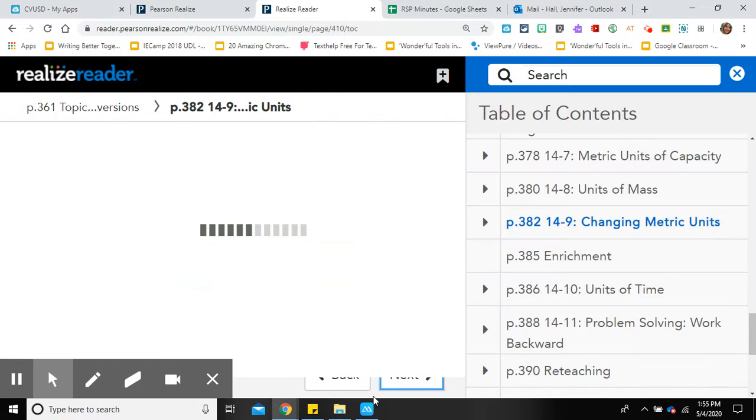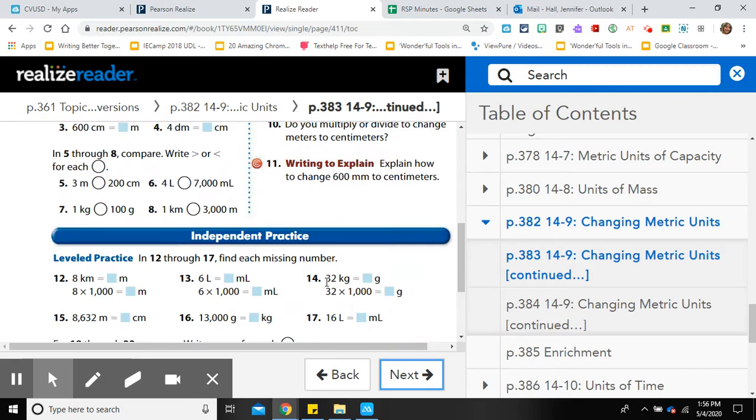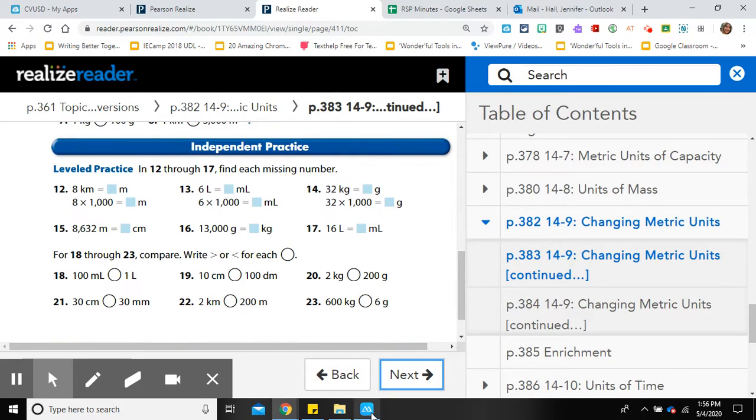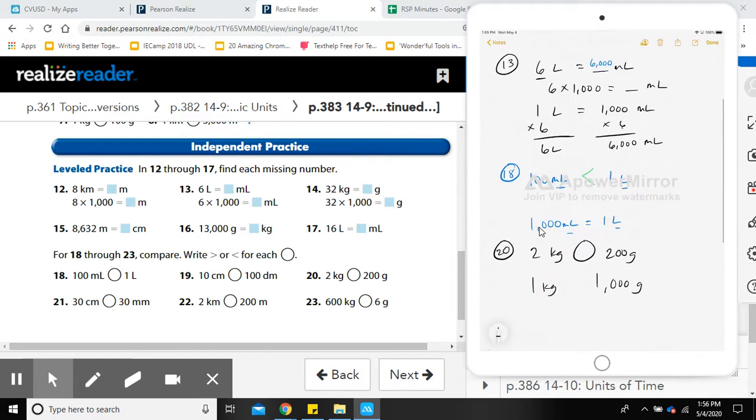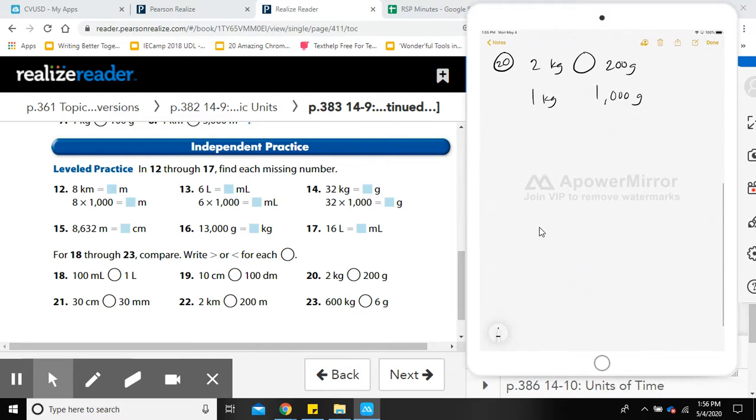Okay, so when I'm comparing 2 kilograms to 200 grams, remember how we did our conversions last time and just a few problems ago? I'm going to times this by 2 to get 2 kilograms because that's what I'm working with up here. If I do that, I have to do this to the other side of the equal sign.